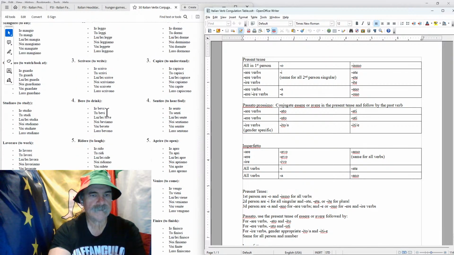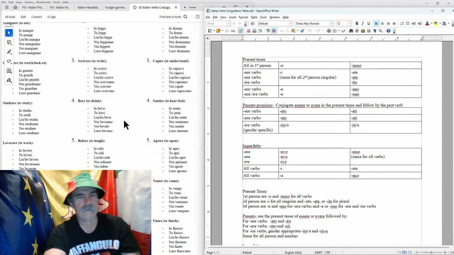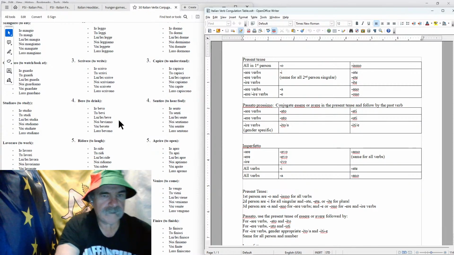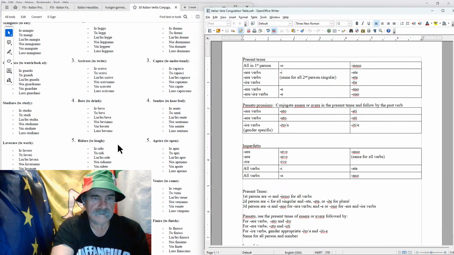Yeah, they consider Barry irregular because it sticks a V in the middle, but other than that, it follows the regular conjugation. So I don't know, because it's over on my irregular conjugation table too.